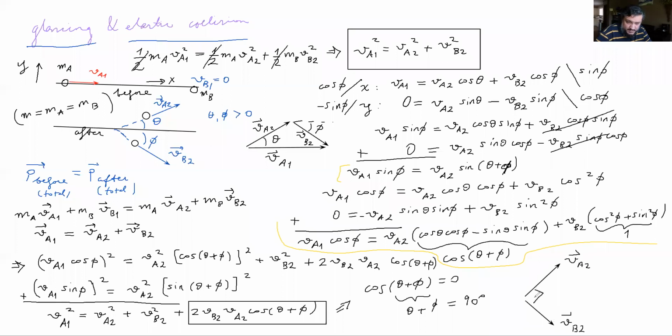These will be perpendicular if it is elastic and m's are the same. If they're not the same, then you should be given what they are, because you're going to need them in the equations. All right, I'm going to stop now.